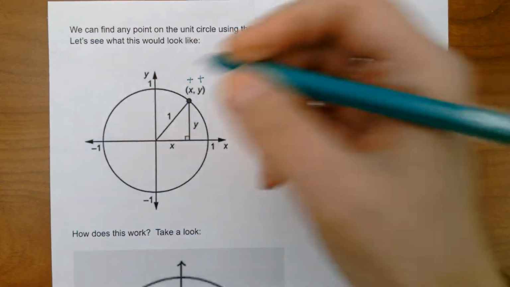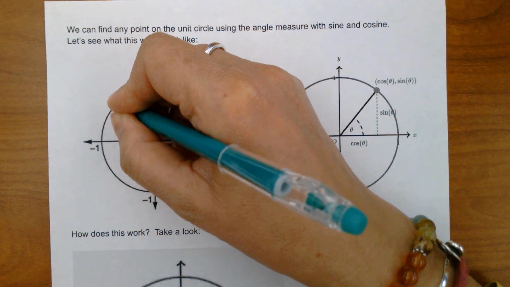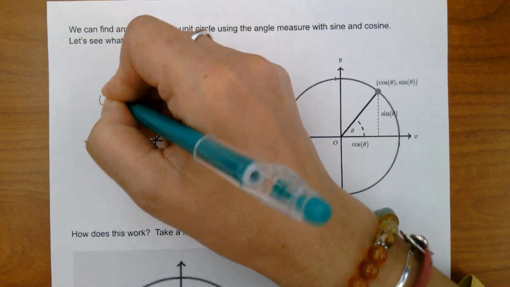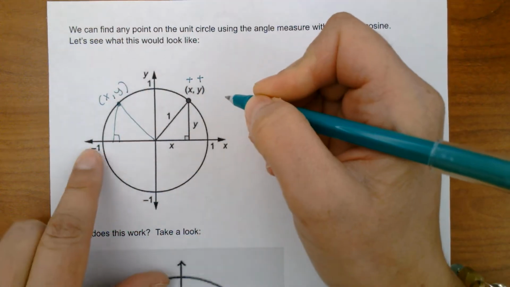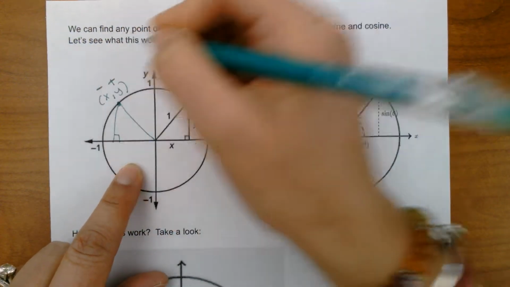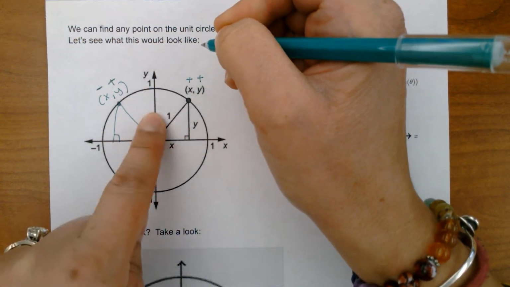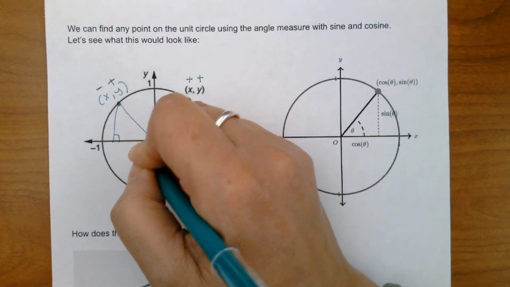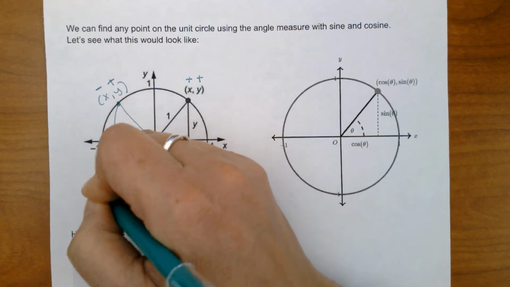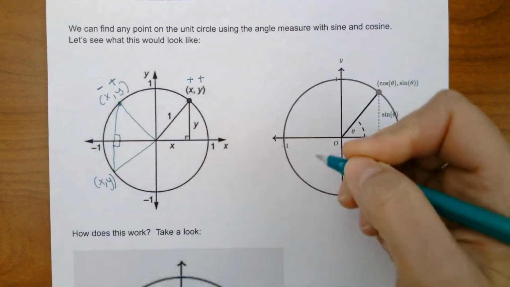Okay, same thing. If we drew the triangle over here and we got our x, y, we're over on the negative x side, but y is still positive. We're still in positive y, okay? If we drew our triangle over here and we did our x, y, what are you going to notice?